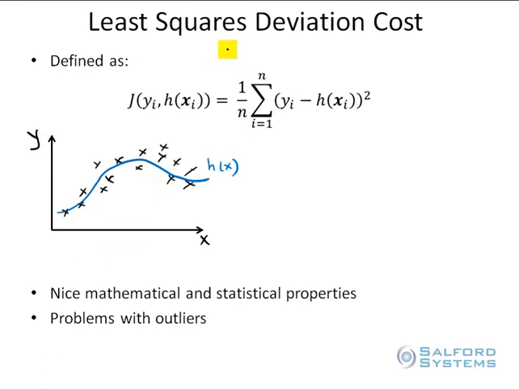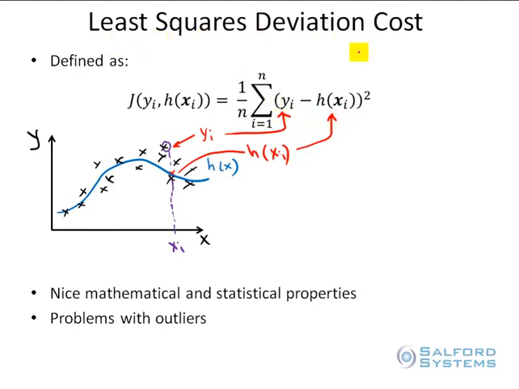Suppose we take this observation over here, which corresponds to some particular feature x sub i value. If you project this observation on the vertical axis, this value here is your y sub i, which is what you observe, whereas this value here is our prediction according to our response surface, and it enters here.